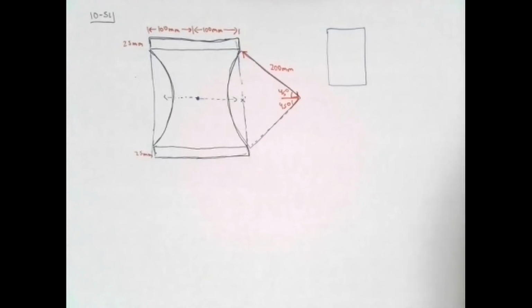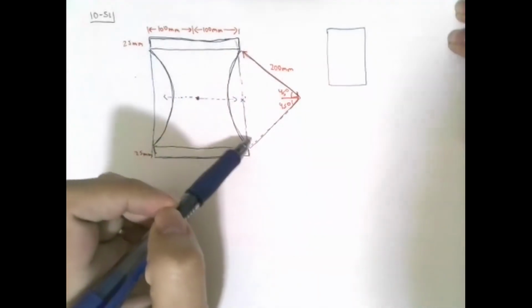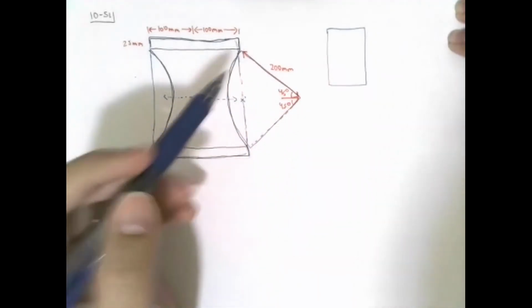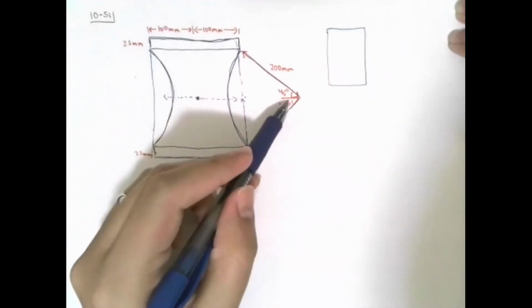All right, so we want the moment of inertia about this centroidal x-axis. And then what are we left with? We have our wedge, and you mentioned that we can remove this wedge.